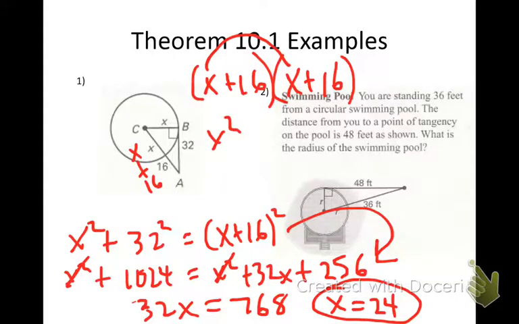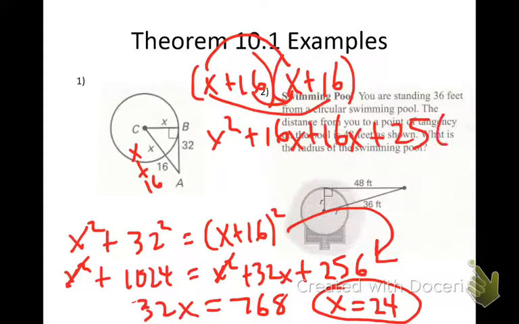Then outer times outer, x times 16, so plus 16x. Then inner times inner, that's 16x, plus the 16 times 16, which was 256. Then I combine these two together to make 32x, and that's how I got to that step.